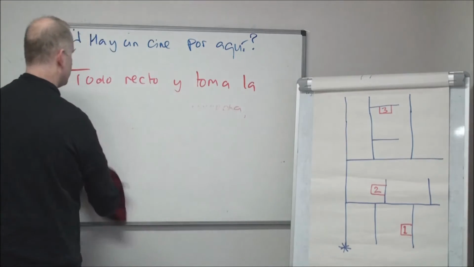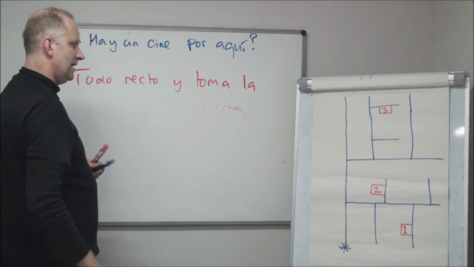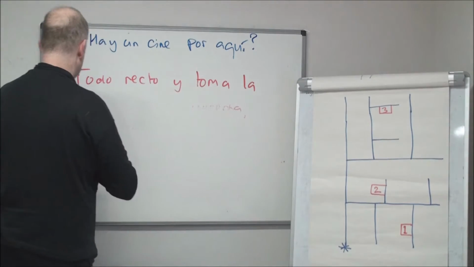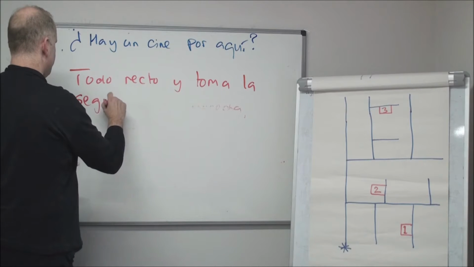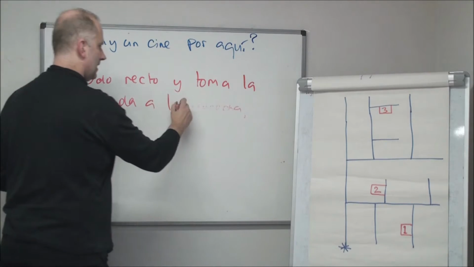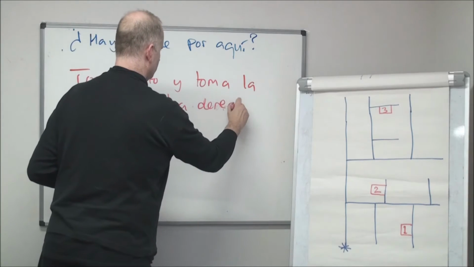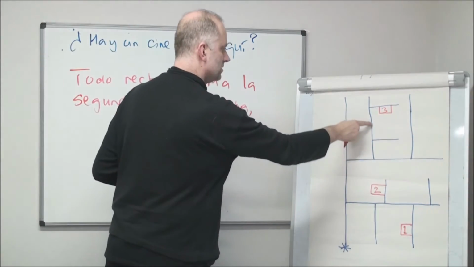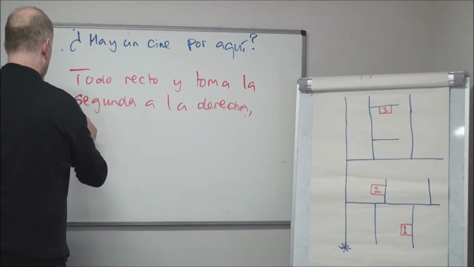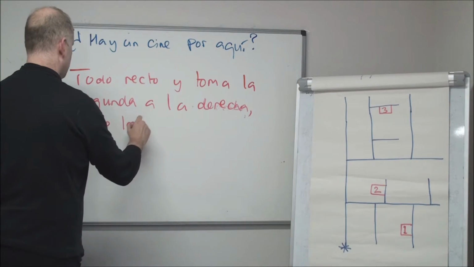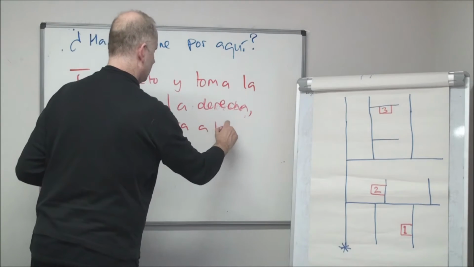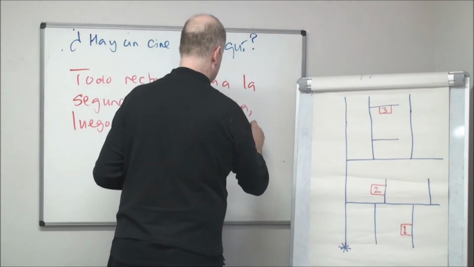So todo recto y toma la, so this time take the second on the right, toma la segunda a la derecha. Then the first left, luego la primera a la izquierda.